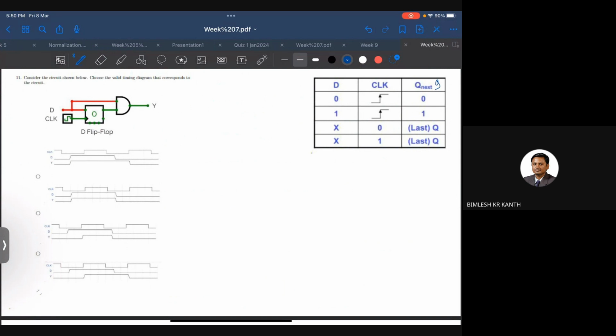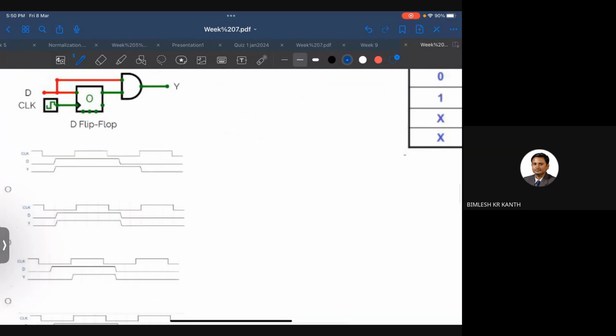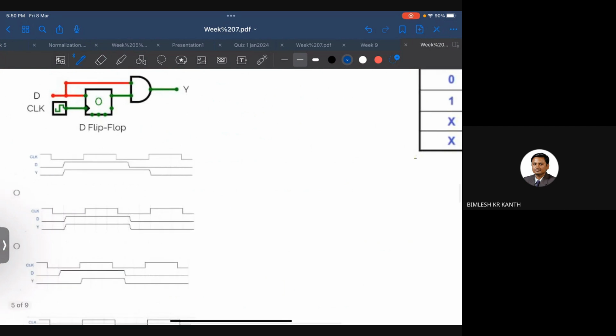The clock is changing from 1 to 0. Let's see the options one by one. D is 0, so Y will be 0, 0, 0. Up to that is correct, right?